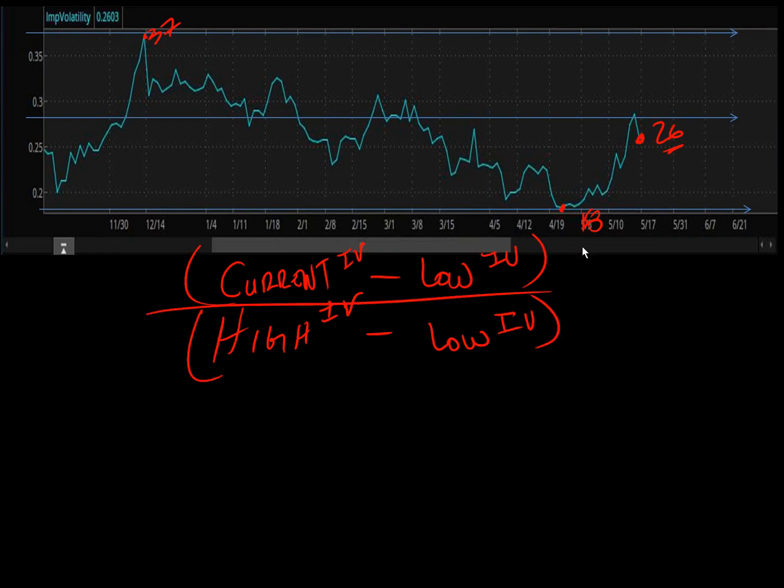You're taking this sum and dividing it by this sum, obviously. And what it is you're just getting this number where we are right now in relation to the entire range. And what I say is this is basically the sell zone where you're selling options, and this is where you're looking to buy options.